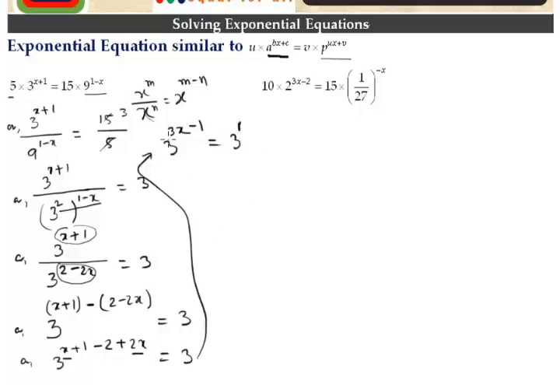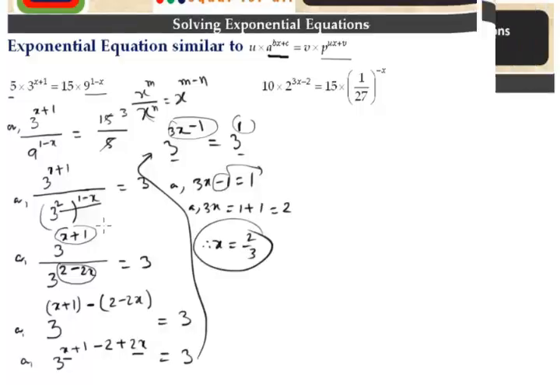So 3 to the power 3x minus 1 equals 3 to the power 1. Therefore these two bases are the same, so these two powers will be equal. So 3x minus 1 equals 1. Therefore 3x equals, if we take this 1 to the other side, 1 plus 1, that is 2. So x equals 2 divided by 3.